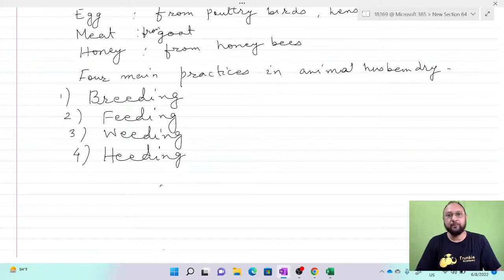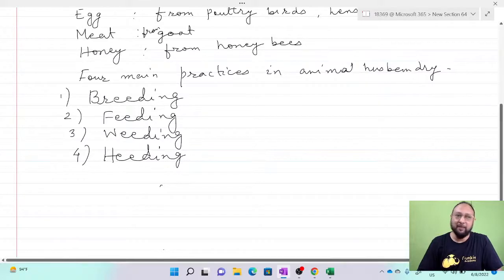So it is done in order to obtain the desired characters. Through breeding, we can develop high milk yielding or high meat yielding cattle. So that is breeding.